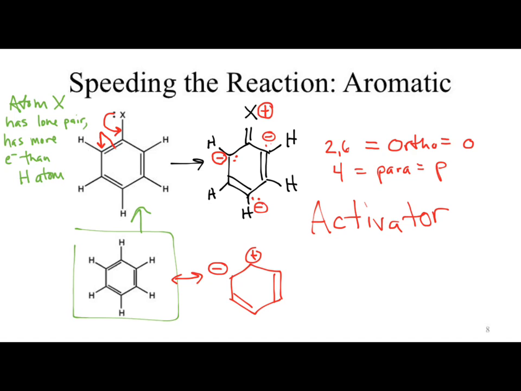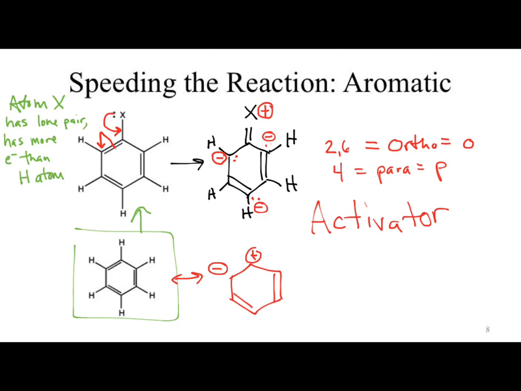So we're looking at an activator. So atom X counts as an activator. Okay, taking a step further, what other information do we know about the reactivity of this new benzene ring? Where is it going to be reactive? Where would I expect the electrophile to substitute? The electrophile is attracted to negative charge.